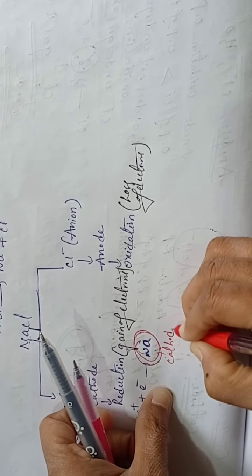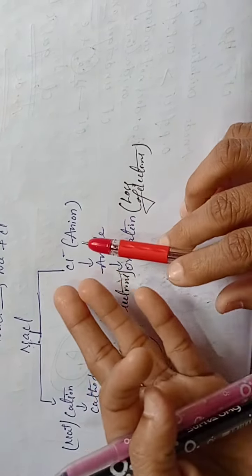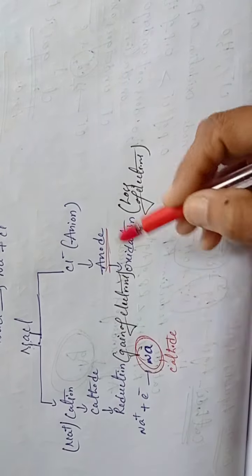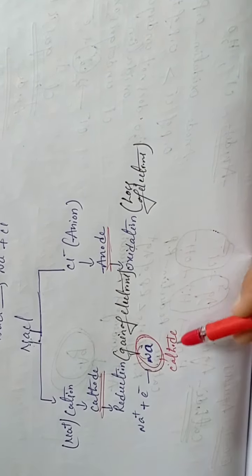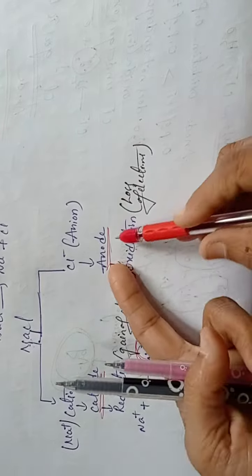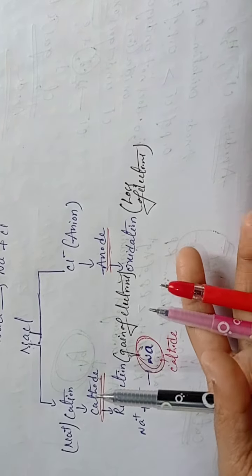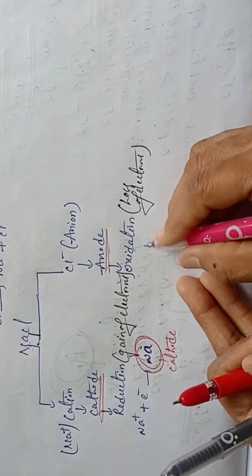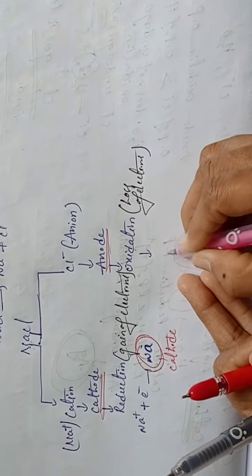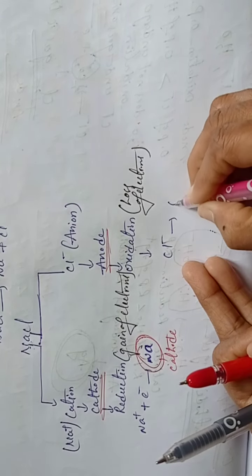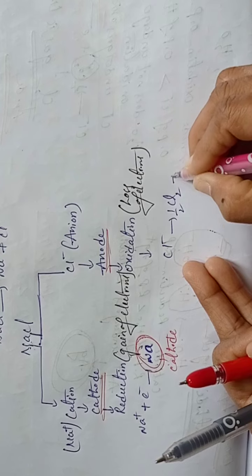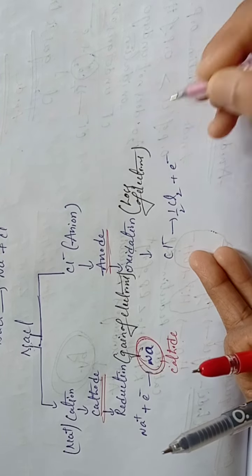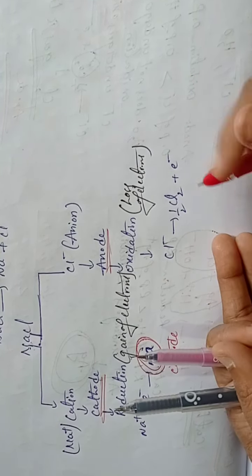Coming to the anode. At the cathode, what is the product? Sodium is deposited. Now, what is oxidation? Oxidation is nothing but loss of electrons. So Cl minus, by loss of one electron, becomes half Cl2. Which gas is liberated?